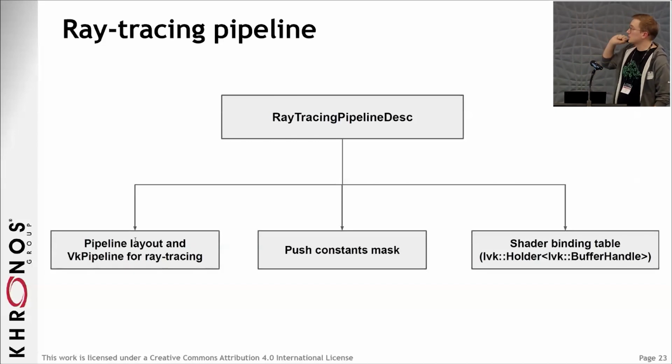This description will be split into multiple parts internally. From it, we will generate a pipeline layout and all the VK pipelines we need for rendering. We generate a push constants mask to understand which set of shaders you use and which ones we need to pass some data to. And the most intriguing and most complex part, the shader binding table.